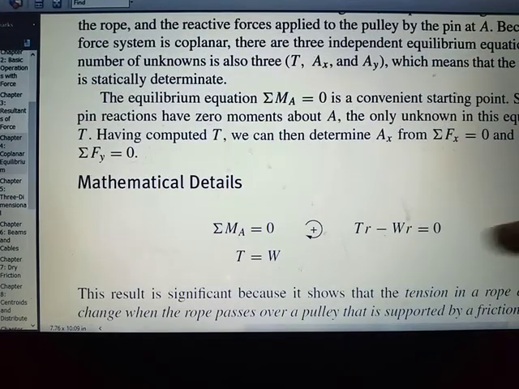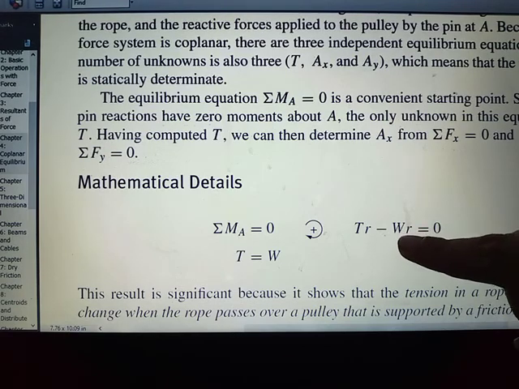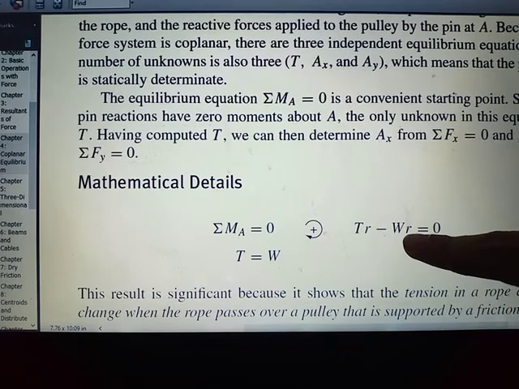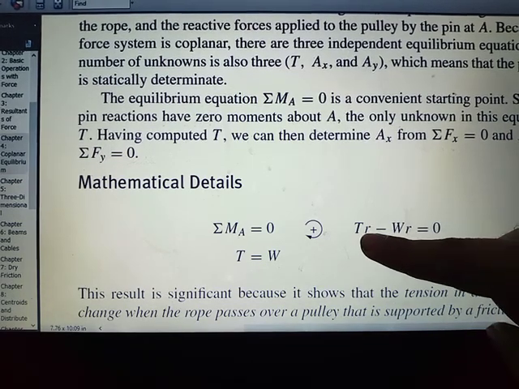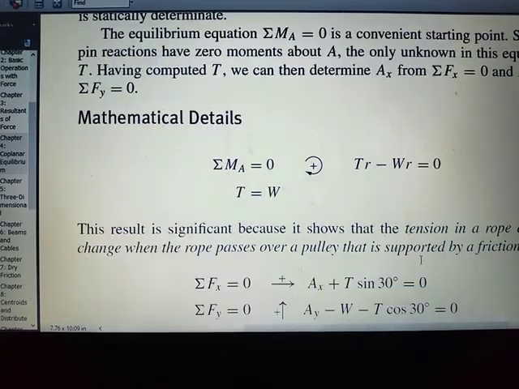So T times R minus WR. Why minus W? Because W is rotating relative to A counterclockwise while T is clockwise, so T is positive. Therefore, T is equal to W.